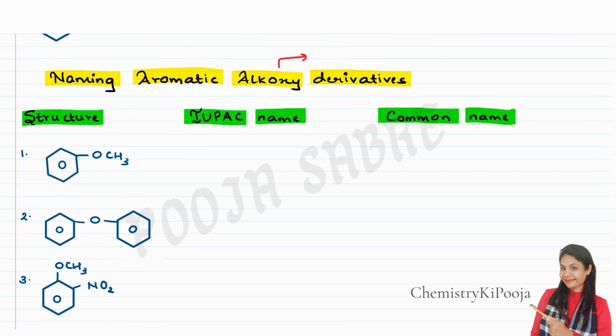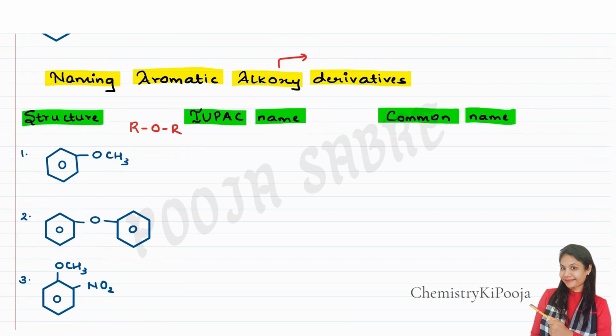Now, while writing the ether, again, please go through the previous lecture, where I have explained the functional group ether in detail. First go through that lecture, and only then can you understand what I am explaining in this lecture.